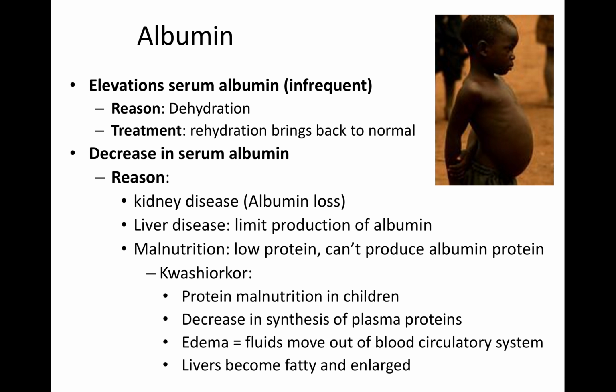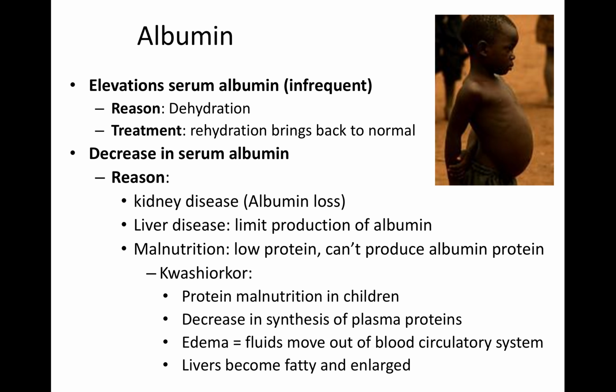This can be the result of problems with your kidneys, where albumin becomes part of the filtrate and is excreted in urine. You can have liver disease, which limits how much albumin is produced, or it could be the result of malnutrition, where you will not have enough amino acids in your diet to allow the protein albumin to be synthesized.